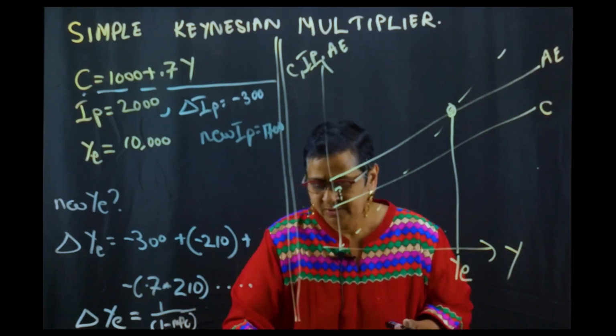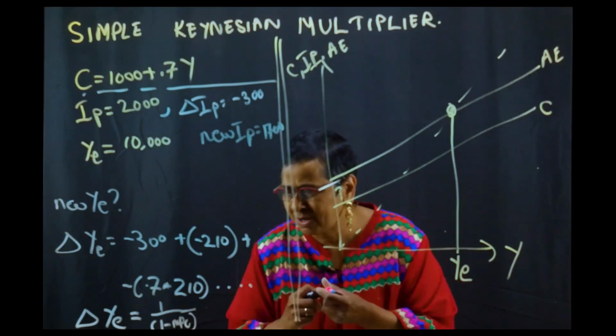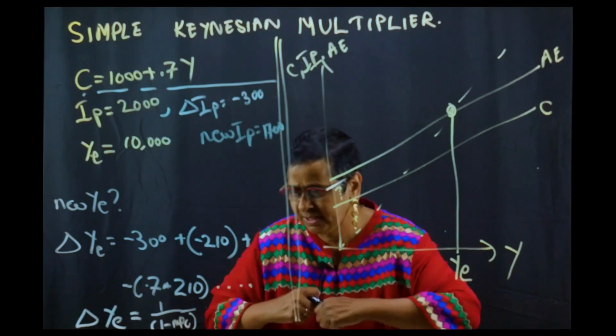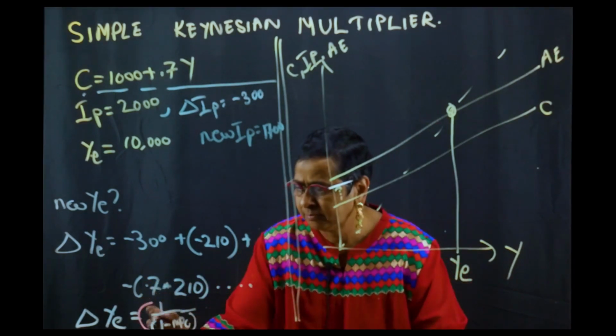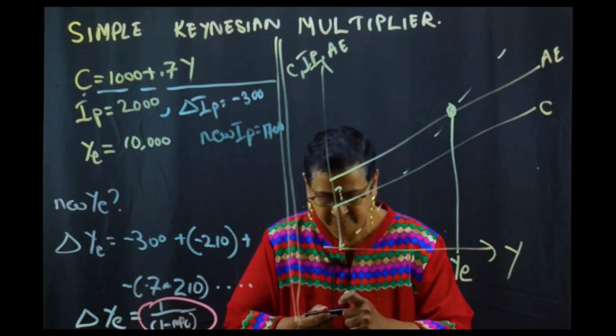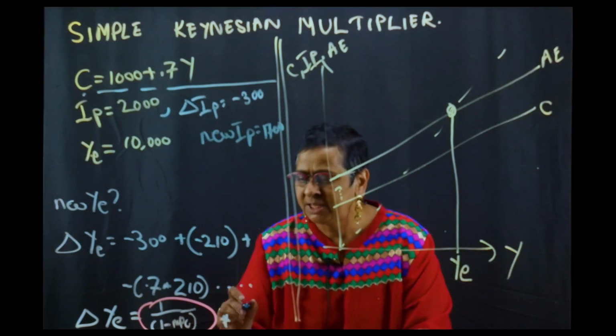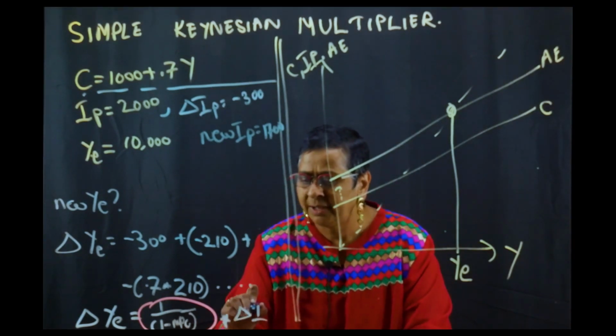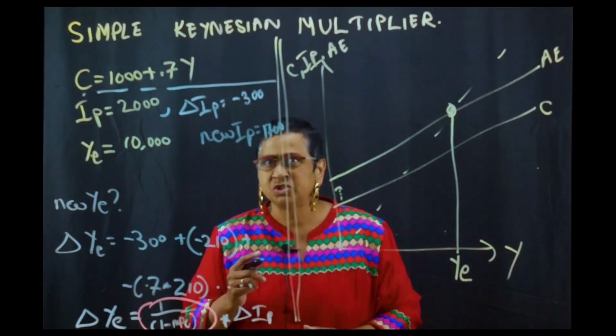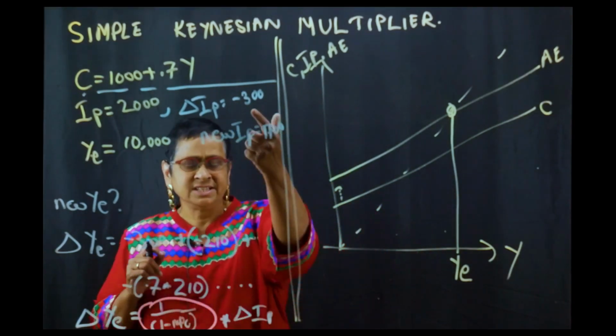This, 1 over 1 minus MPC, is your multiplier, multiplied by the initial change that triggered it all, which in this case is minus 300.